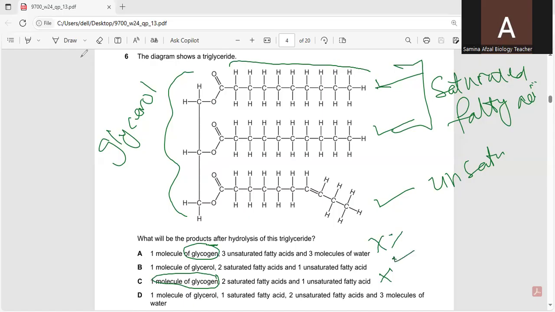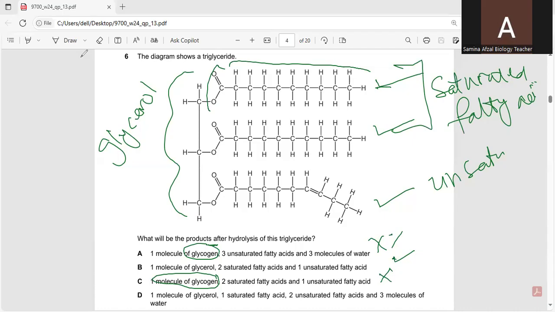Because a triglyceride is an ester derived from one molecule of glycerol and 3 fatty acids. The glycerol molecule has 3 hydroxyl groups. Each fatty acid has a carboxyl group, C double O. So in a triglyceride, the hydroxyl groups of glycerol are esterified with the carboxyl groups of the 3 fatty acids.